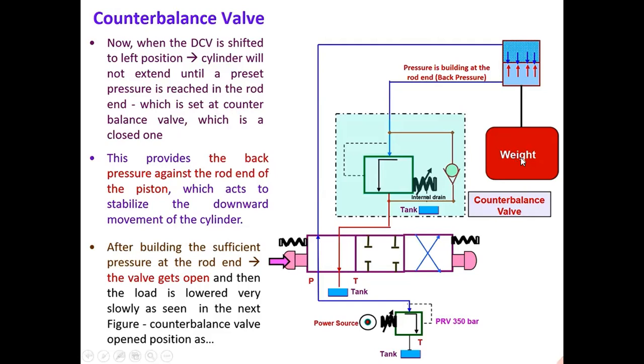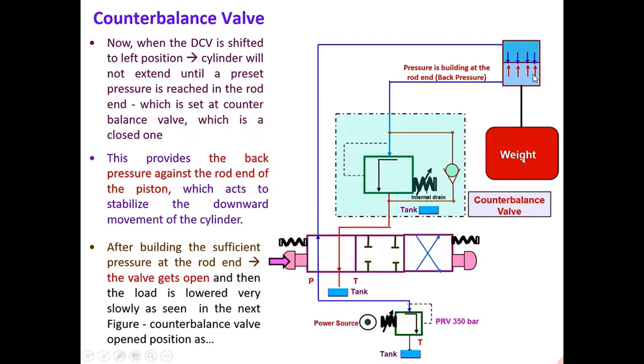So for this valve, for example, we have a setting of 350 bar pressure, and this counterbalance valve balances this pressure against the weight. So pressure is also applied by this weight here. The counterbalance valve is a closed one.